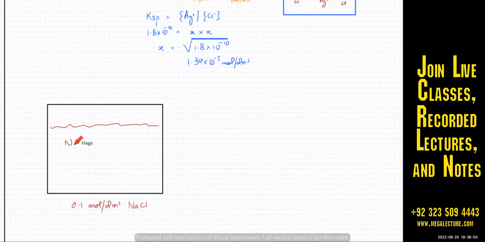So I've got sodium ions and Cl ions, a very high concentration of them. Now I'm trying to dissolve AgCl in a solution that already has NaCl, so I'm mixing solid AgCl into it.